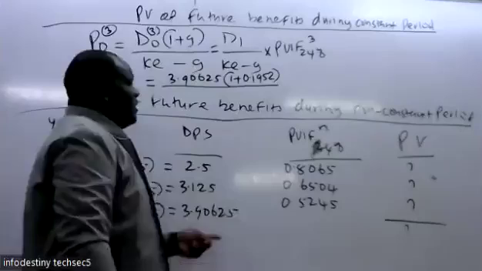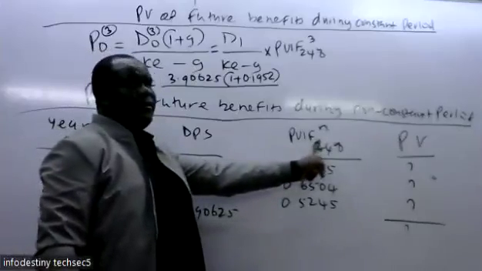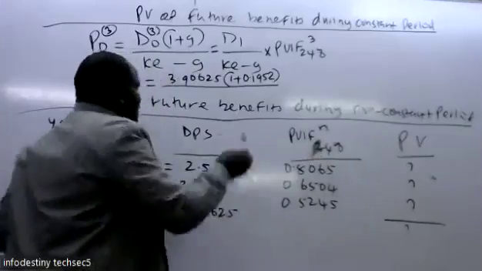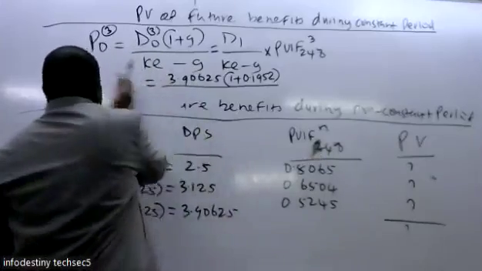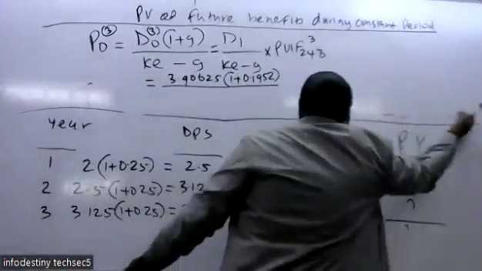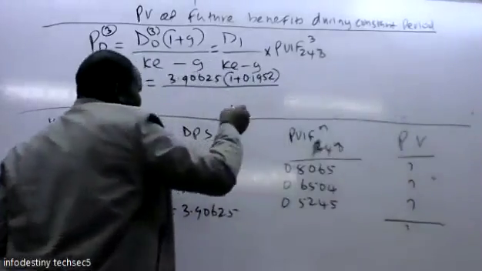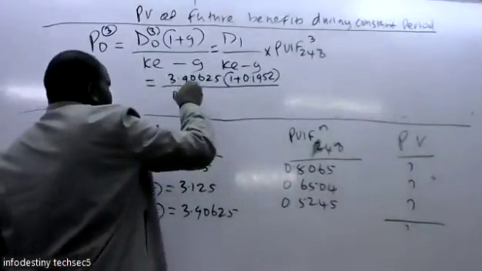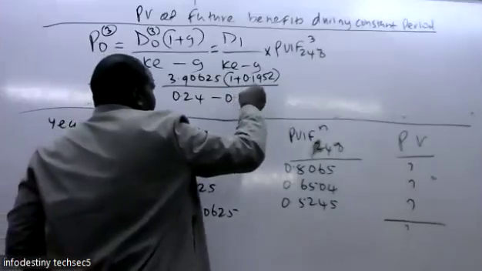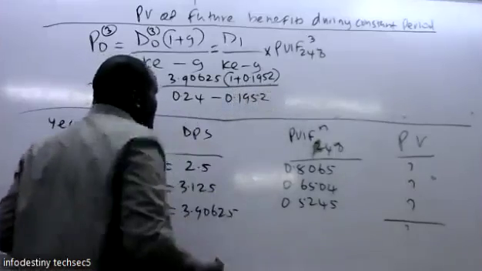Ke is the cost of capital, which is what percent? 24%, which is the same as 0.24. We also subtract 0.1952.